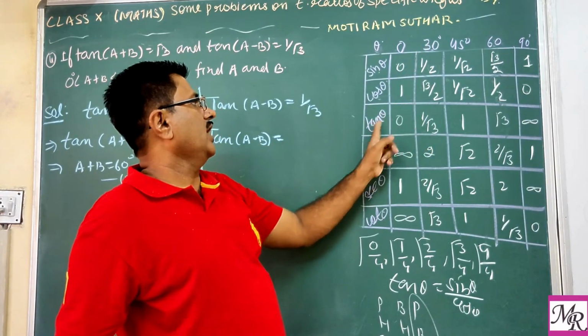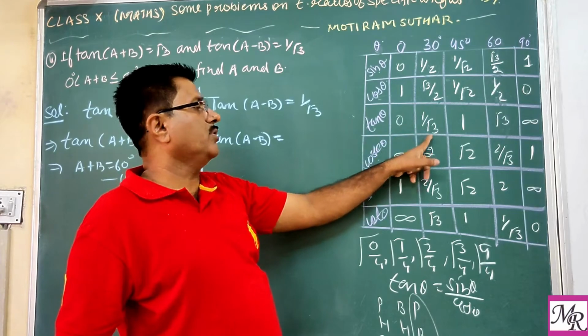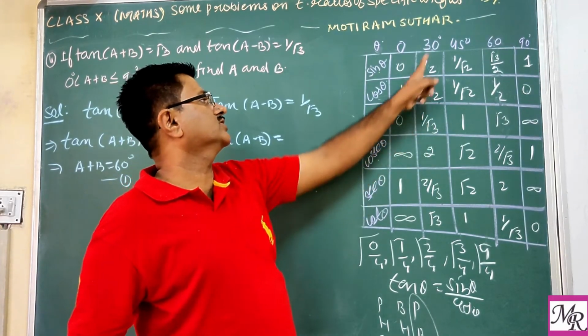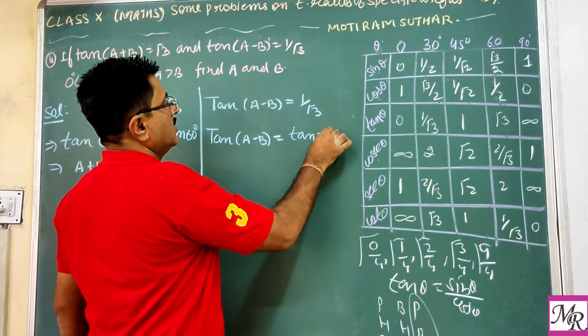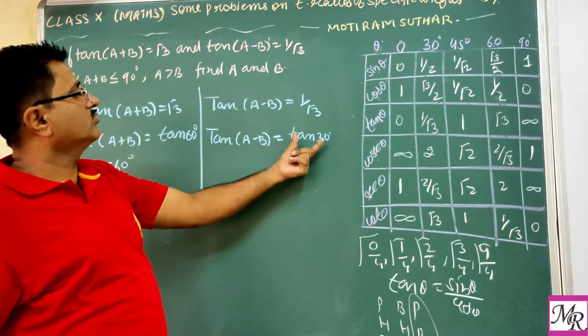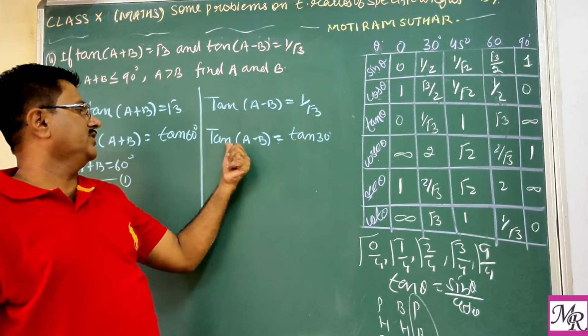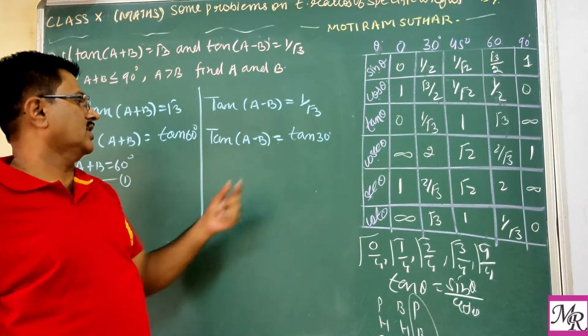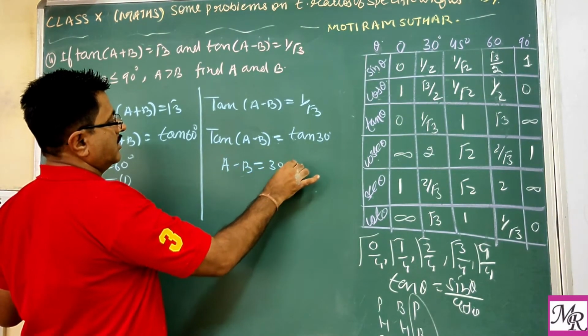So tan 30 is 1 upon root 3. So 1 upon root 3 can be replaced by tan 30. This is clear? Now on both sides there is a tan. So tan is removed with tan. So here we get A minus B equal to 30.